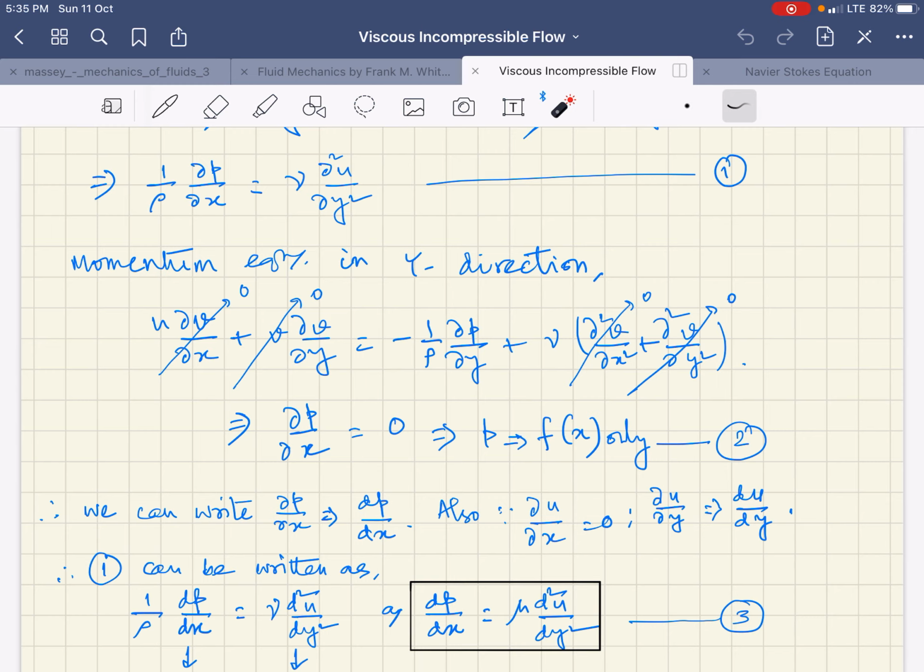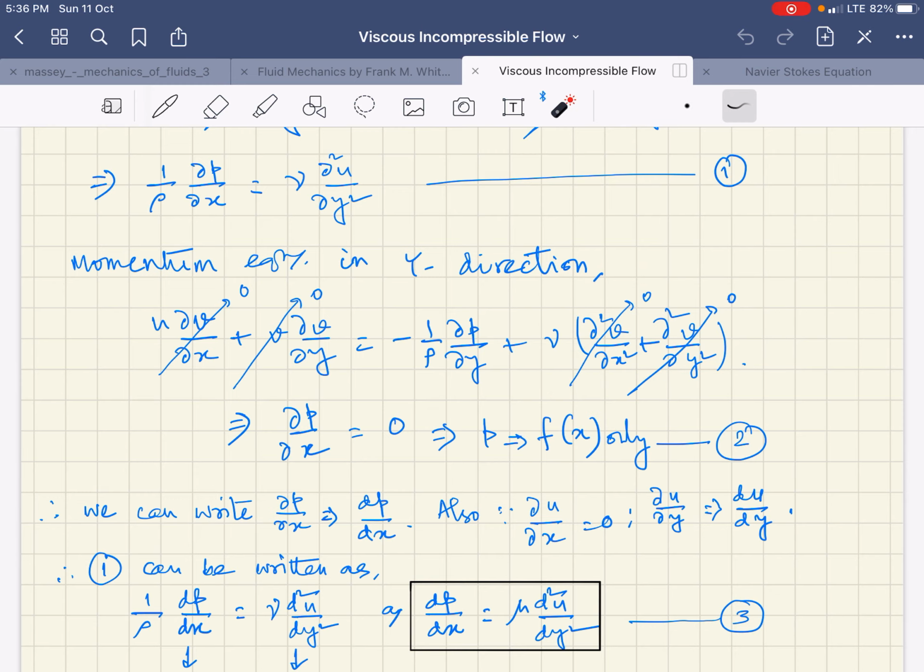Here also we neglect the body force term Fy. Now as v is 0, the left hand side terms will also be equal to 0, and the viscous terms ∂²v/∂x² and ∂²v/∂y² also get equal to 0.